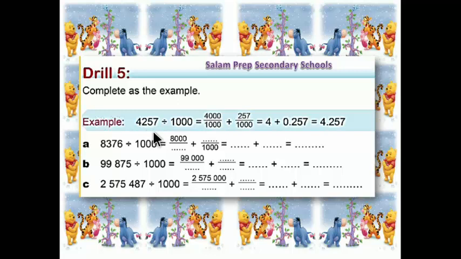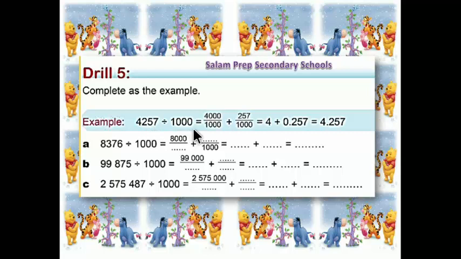Now we need to expand 4,257. But take care. 1,000 has 3 zeros. 0 in units, 0 in tens, 0 in hundreds. So we need to expand 4,257 and keep 3 zeros. 0 in units, 0 in tens, 0 in hundreds.